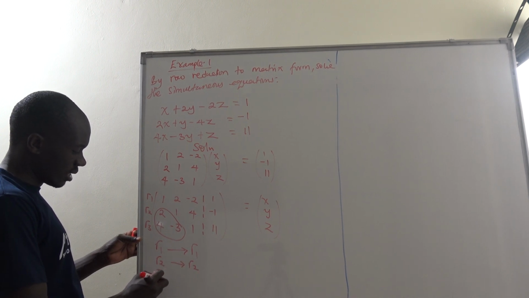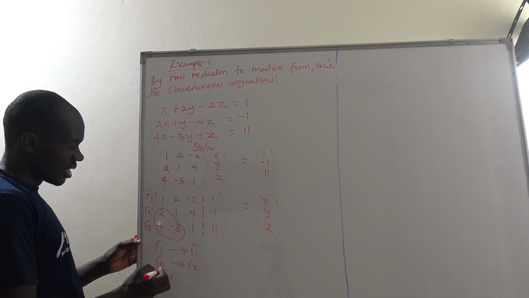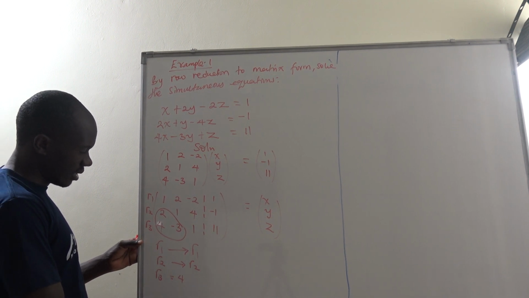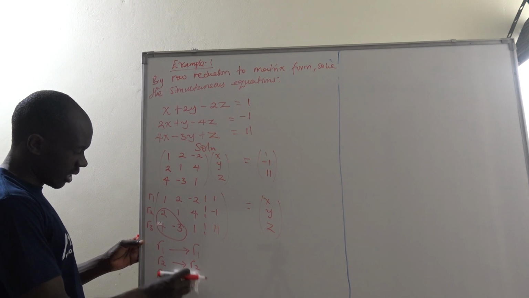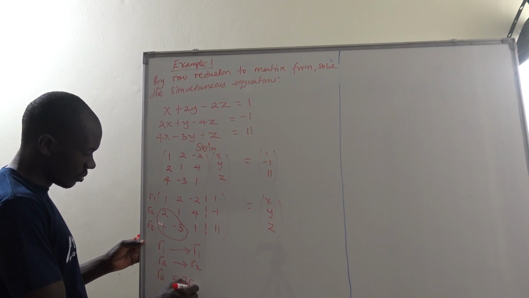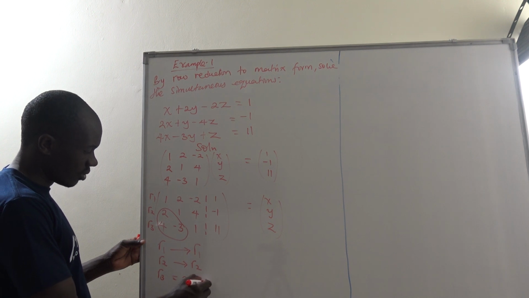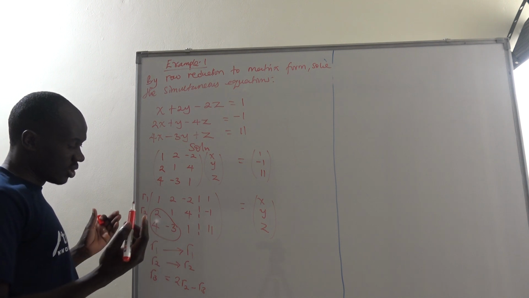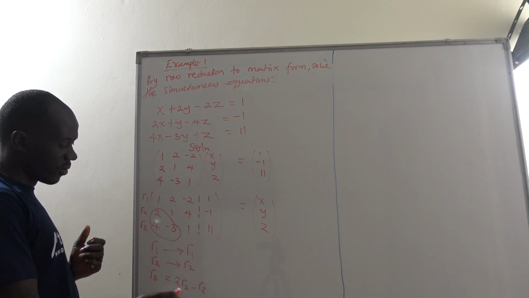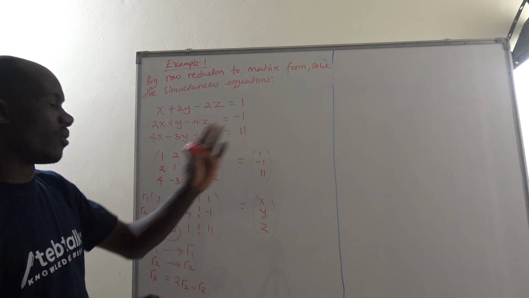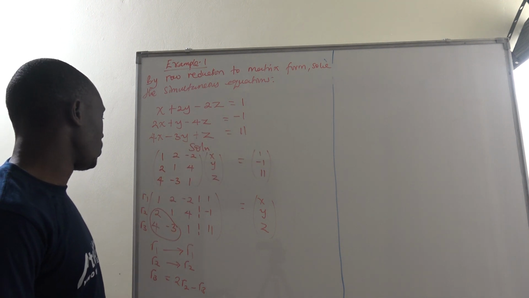Row 3, how can I make this one zero first? I can say 2 times row 2 minus row 3. Because when I say 2 times a 2, that is already 4, minus a 4 is already a 0.